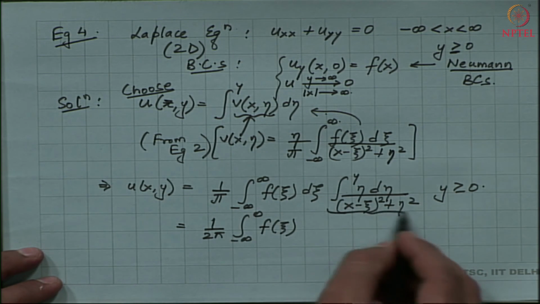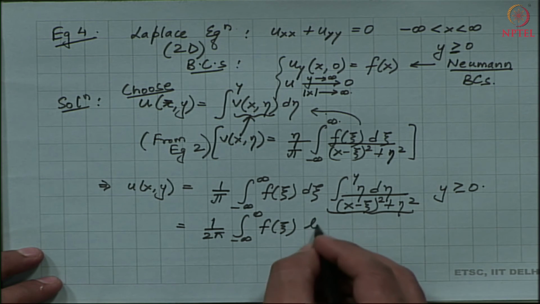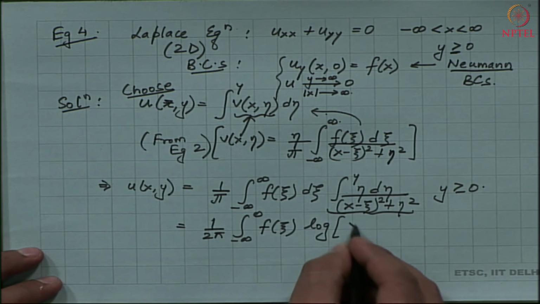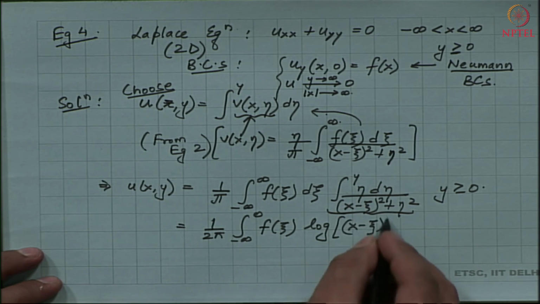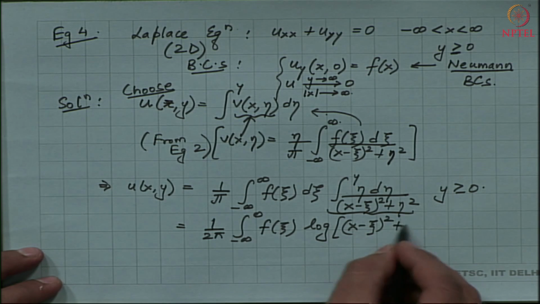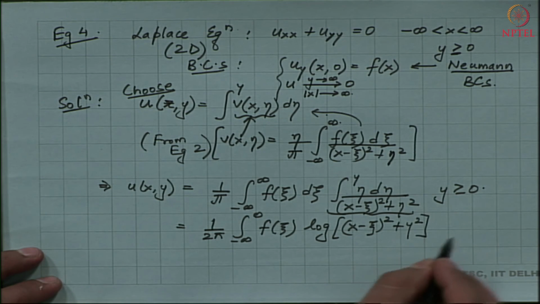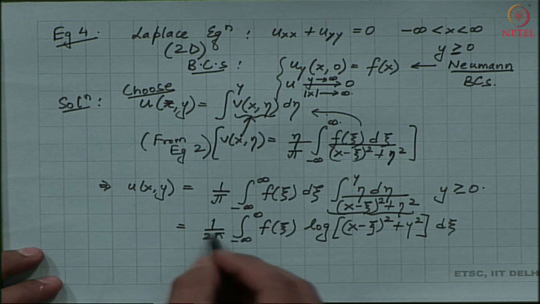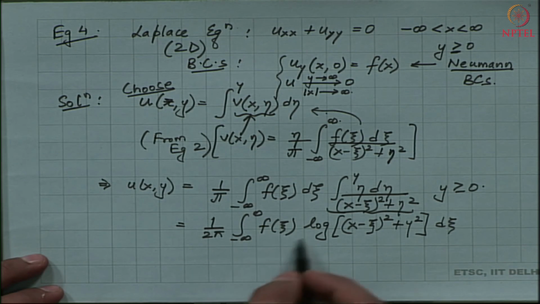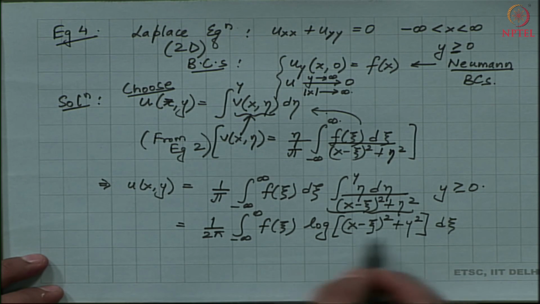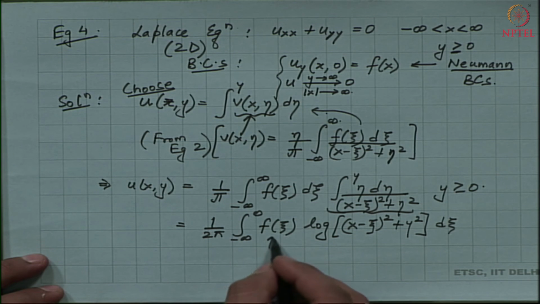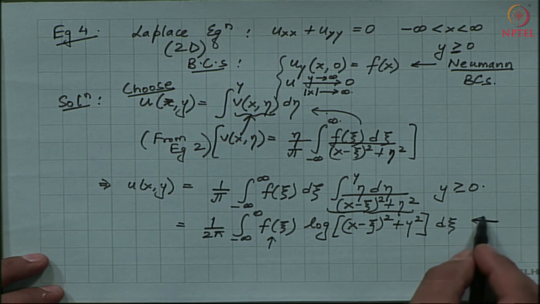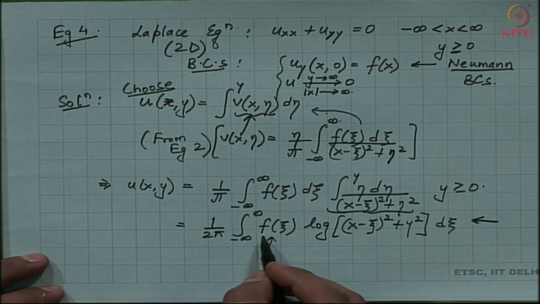This is going to give me the following expression: this is log of x minus zeta square plus y square d zeta with a 2 outside. Okay, so further evaluation of this integral will depend upon what value of f is provided. So this answer can be left at this point, because we do not have further information about f.